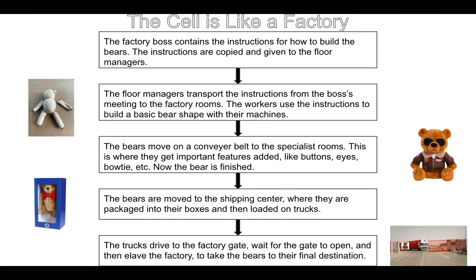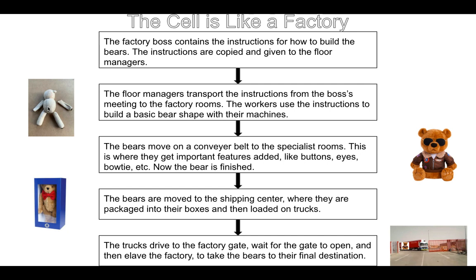All right, next step. After we've built the bear, we're going to move the bear on a conveyor belt to the specialist rooms. So here's where the important features are going to be added. Like if you look at this bear over here, it looks very different from this raw initial bear build.